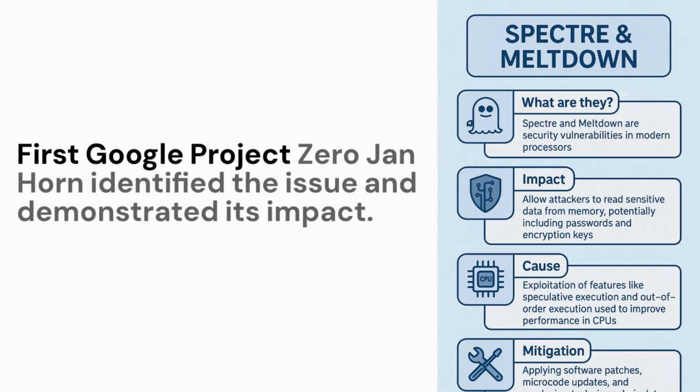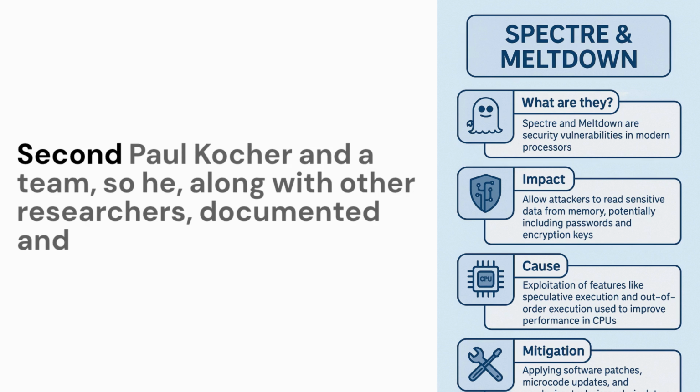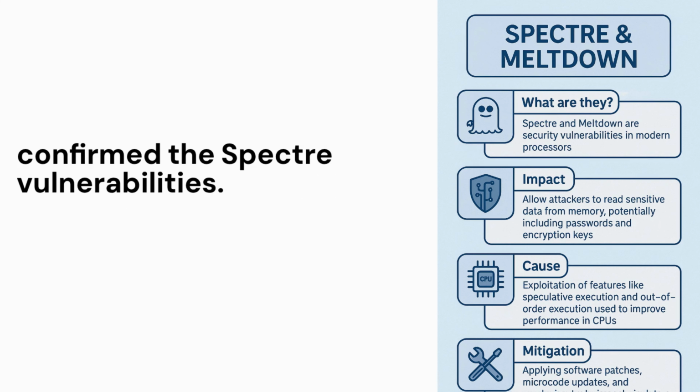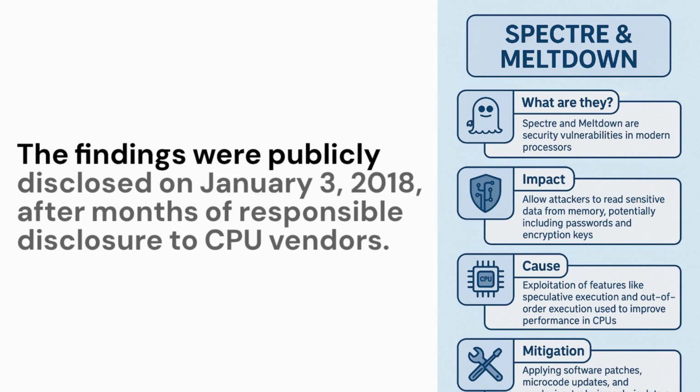First, Google Project Zero, where Jann Horn identified the issue and demonstrated its impact. Second, Paul Kocher and a team, along with other researchers, documented and confirmed the Spectre vulnerabilities. The findings were publicly disclosed on January 3, 2018, after months of responsible disclosure to CPU vendors.